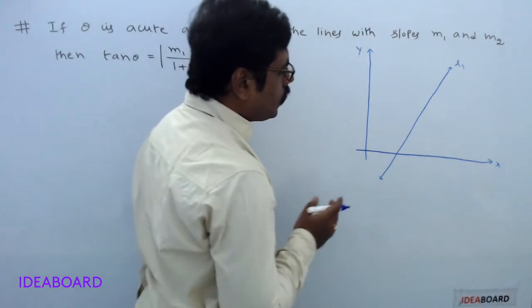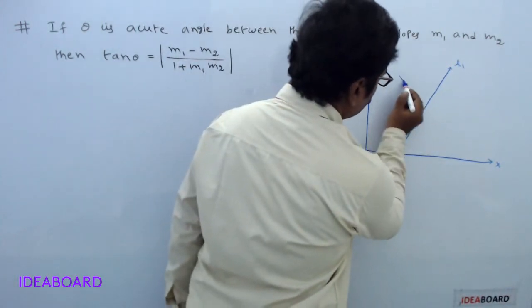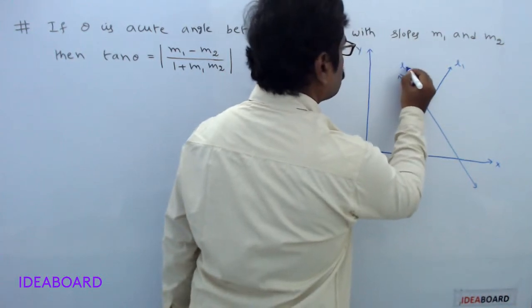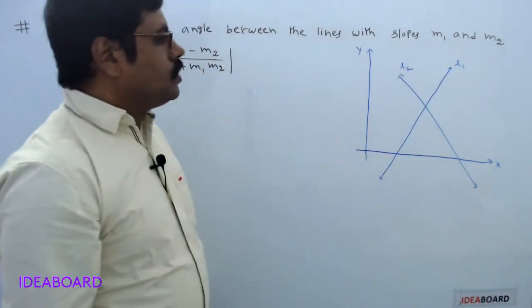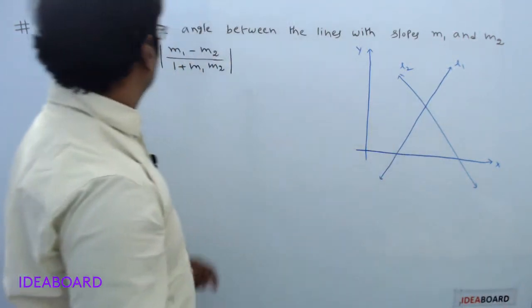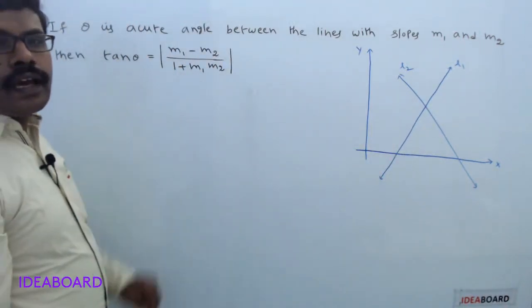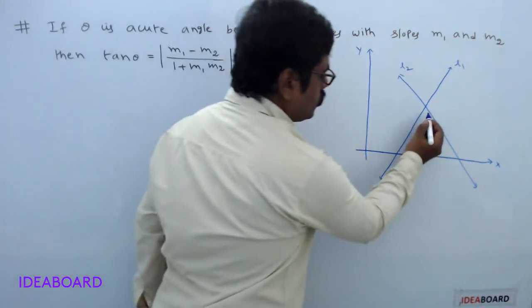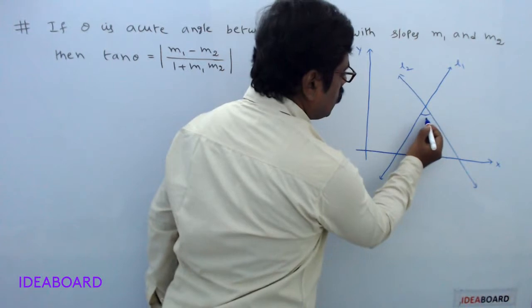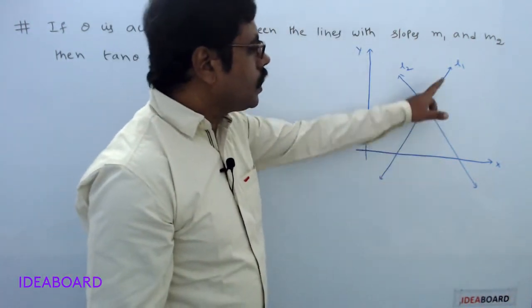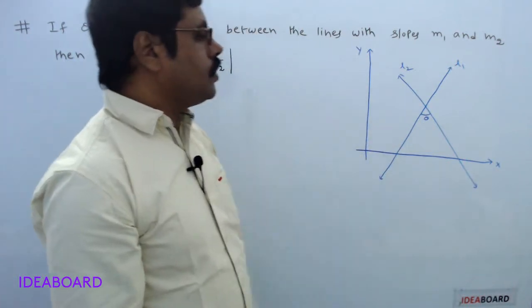Now draw one more line and call it L2. So L1 and L2 are two intersecting lines. The given condition is that theta is the angle between the lines L1 and L2. Suppose this is the angle theta.